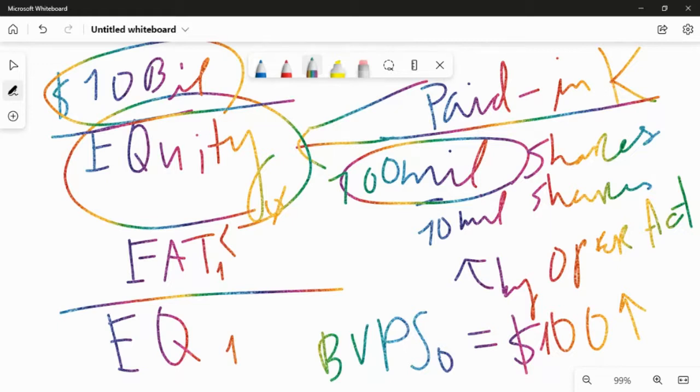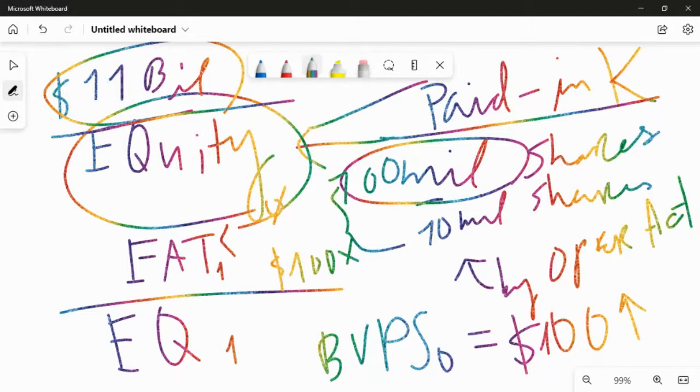Then there will be additional paid-in capital of 1 billion, isn't that right? Total equity will become 11 billion.